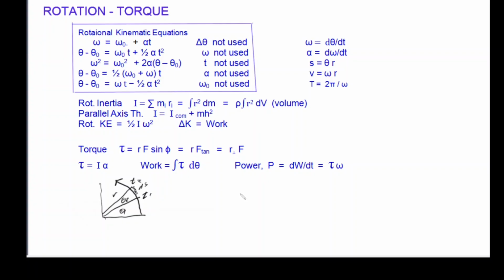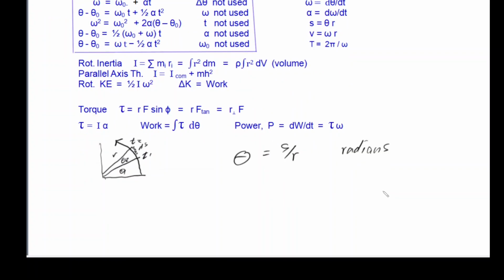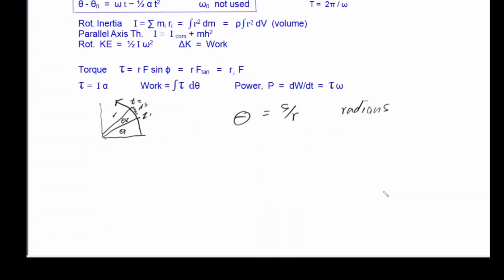So we know that in a case like this, theta is equal to s over r, where theta is measured in radians. And we'll use radians for most of this topic. So one complete revolution around the circle is 360 degrees, and that's equal to 2 pi radians.